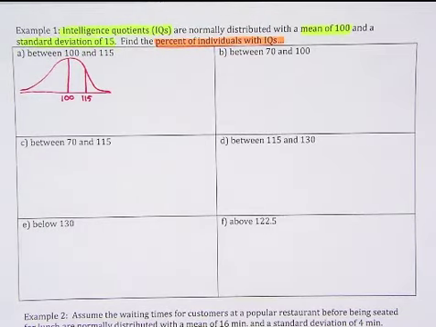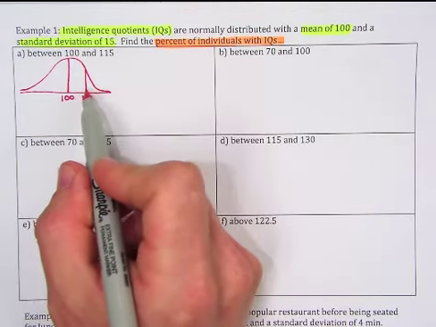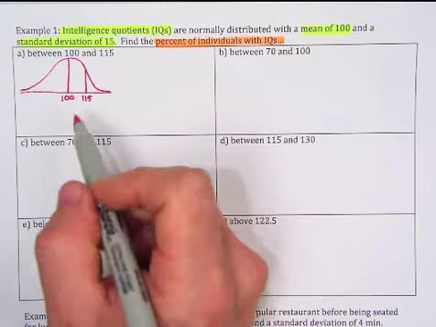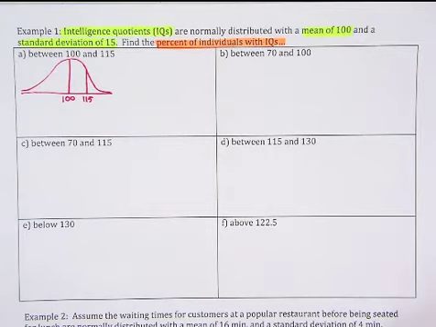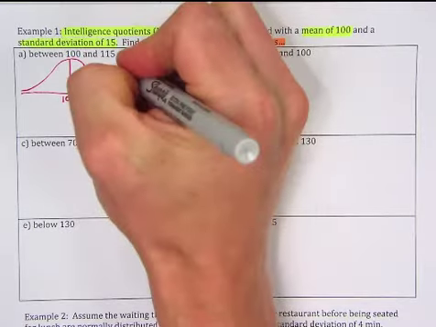Now what we need to be able to do to find the area between this is rewrite these scores as z-scores. We want to find how many standard deviations away from the mean each of these scores is. So we need to find z of 100.